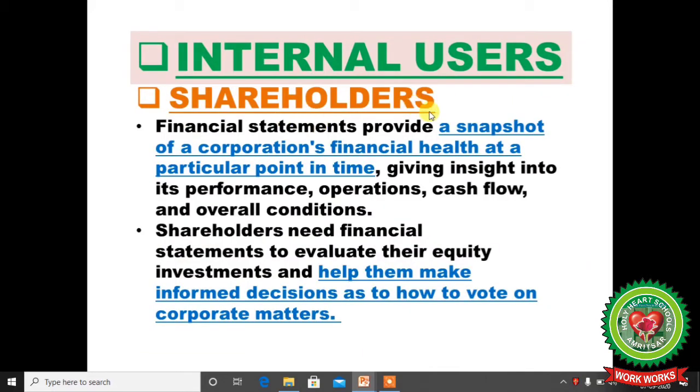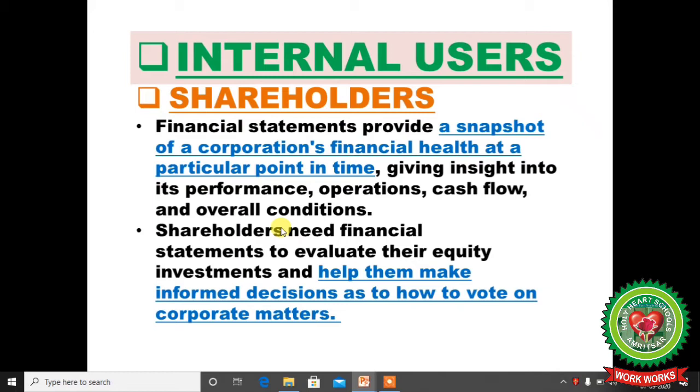Internal users like shareholders: financial statements provide a snapshot of a corporation's financial health at a particular point in time, giving insight into its performance, operations, cash flow, and overall condition. A shareholder needs the financial statements to evaluate their equity investment and help them make informed decisions as to how to vote on corporate matters.